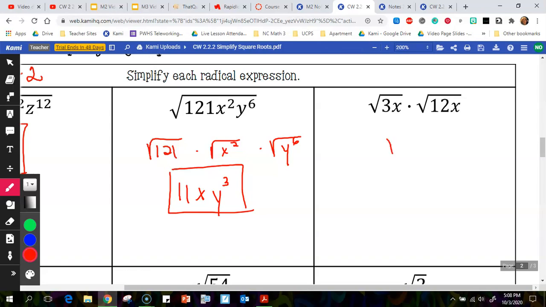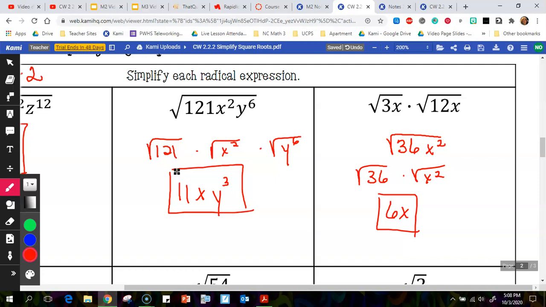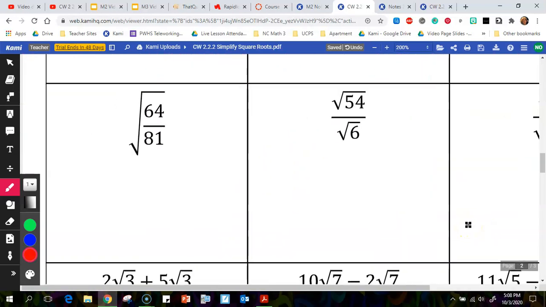So I can rewrite this as the square root of 36x squared. So I can combine these by multiplying them. Now I know what the square root of 36 is, so the square root of 36 times the square root of x squared is 6x. And that's it. That's all you have to do with that one.